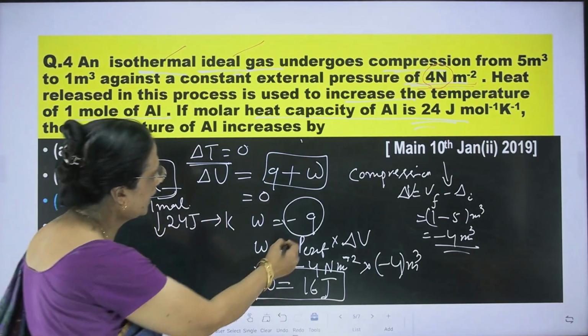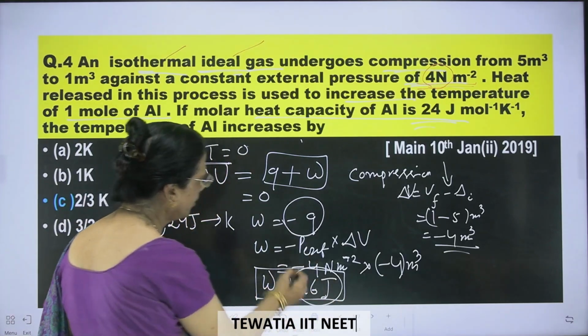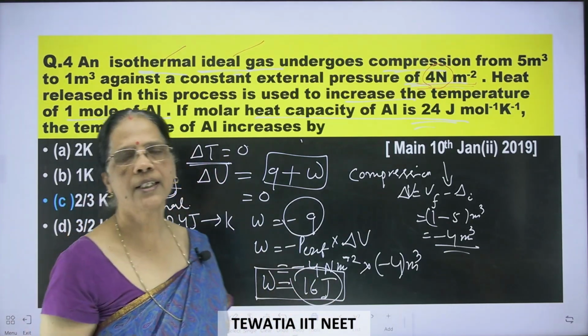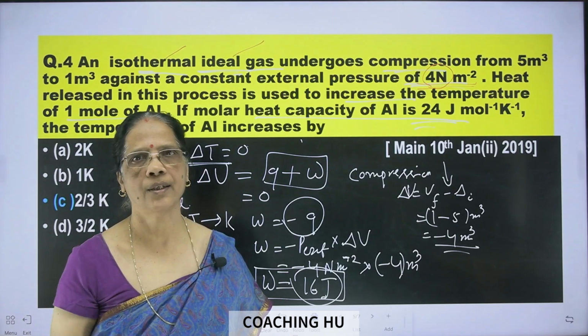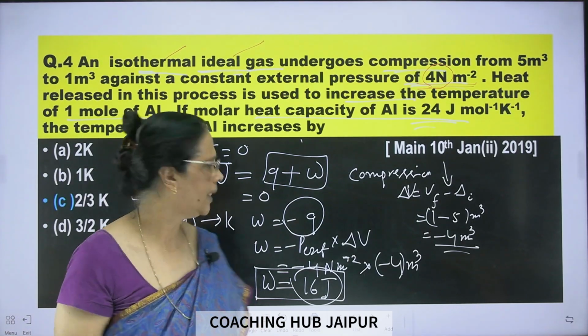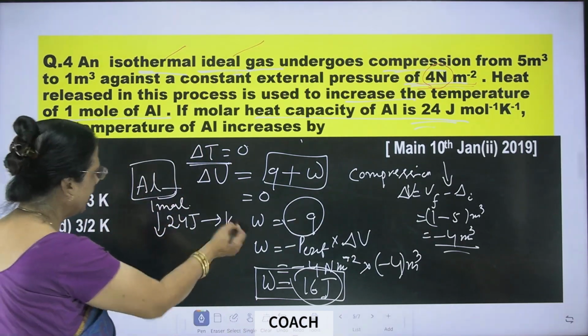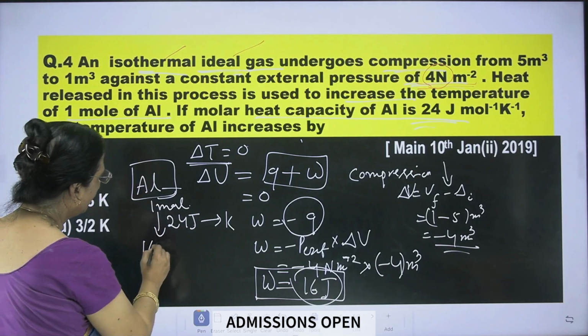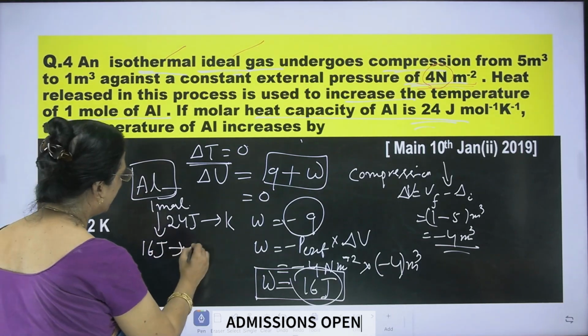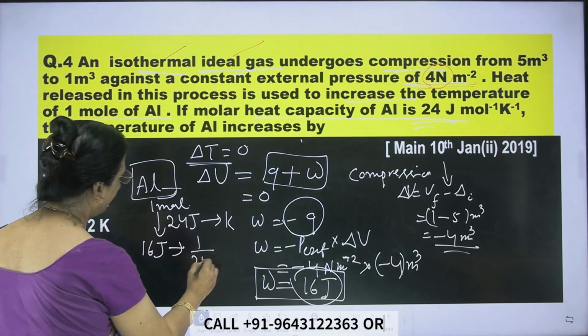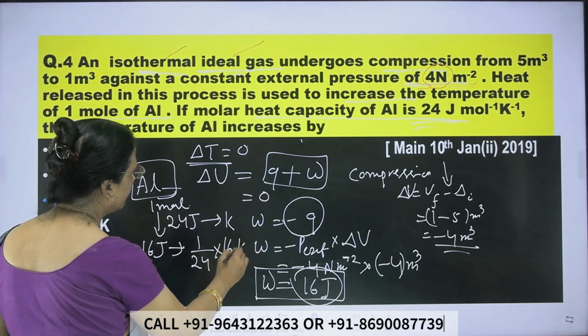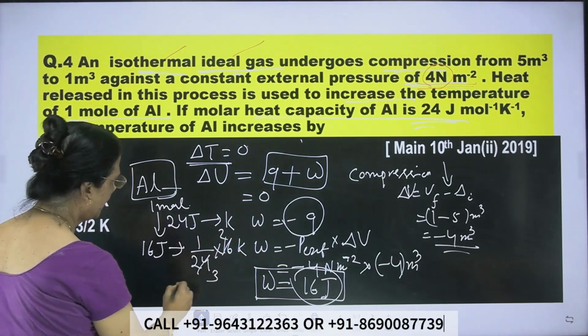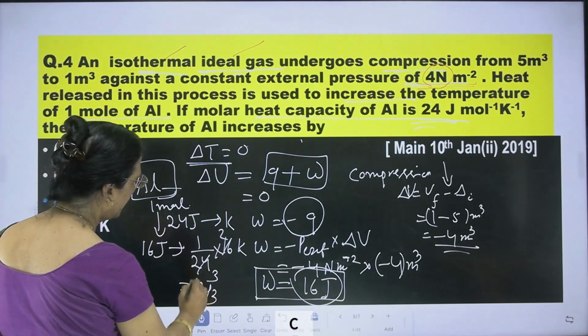Clear? And how much heat has been released in your process? In your process 16 joule has been released. So 16 joule will increase the temperature by how many Kelvin? So 16 upon 24 K, which is equal to 2 upon 3 K.